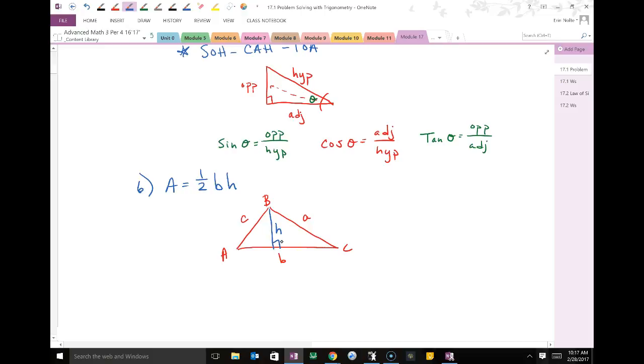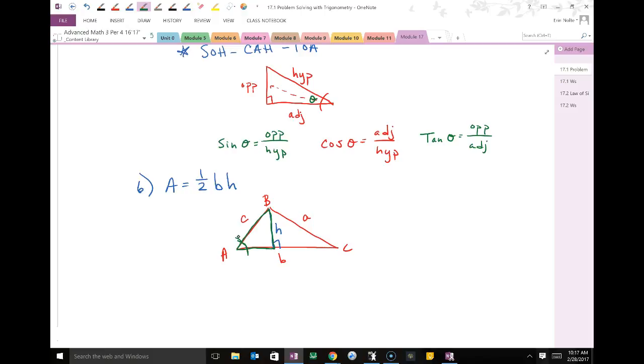Let's figure this out. When I just drew that height, I drew a second triangle. Technically, there are 3 triangles there, but I want to look at that green one right there. Let's say I'm going to use my angle A to try to figure out what my H is. What are the 2 sides that are involved in my green triangle?